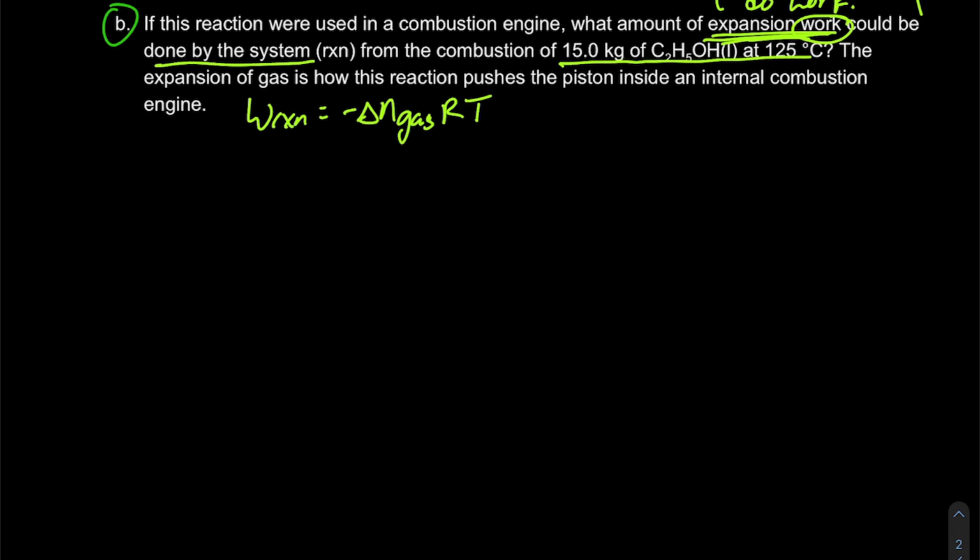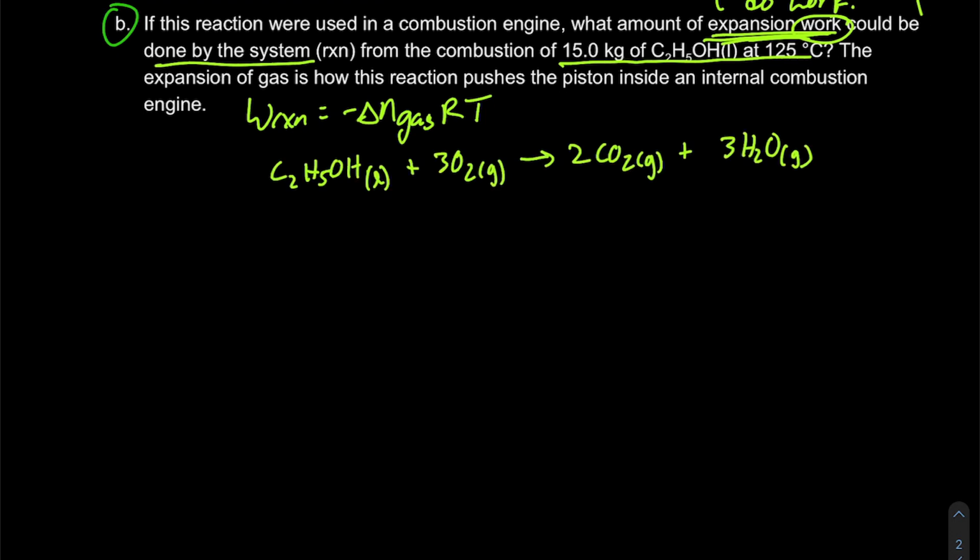In a combustion engine, the reaction is going to push against those pistons and cause the volume to expand. So to calculate our work, let's start by looking at the amounts in our balanced chemical equation to quantify this. It's going to be negative change in number of moles of gas.